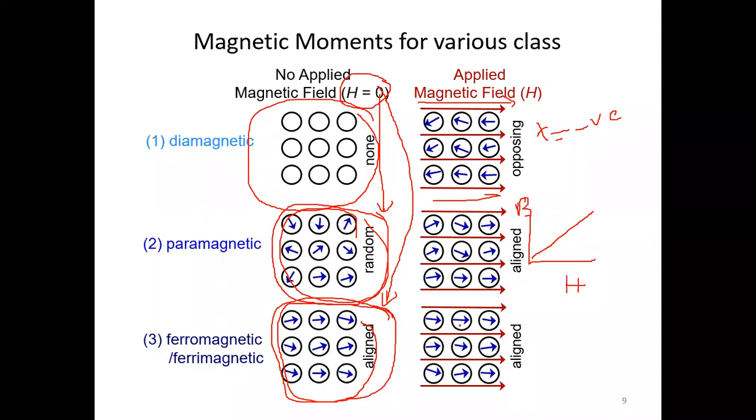However, when you apply a small magnetic field along that direction, this magnetic field aligns the moments towards the direction of the field. So when you apply a very small field, magnetization increases sharply, and then they saturate.